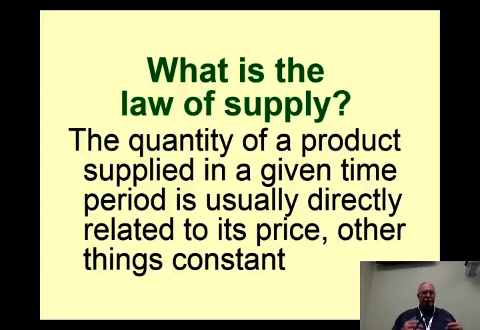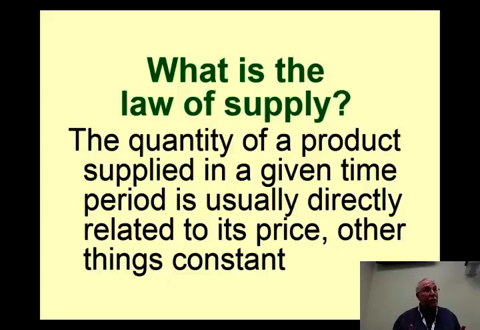In other words, if you're a producer and your costs don't change, the only thing that changes is that you can get a higher price for your product. Are you going to make more money? Yes, that's 100% certainty, because we have assumed that nothing else changed when price changed.